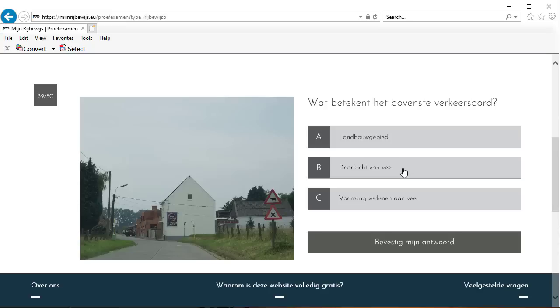Option C is priority giving for the cattle. The right answer is the cattle will be on the road, so you don't have to give priority. But you have to give priority to the other traffic that's indicated by this board. But this board does not indicate anything about priority. It just indicates that there will be cattle on the road, so you have to be careful.